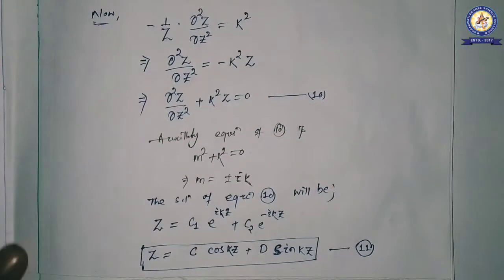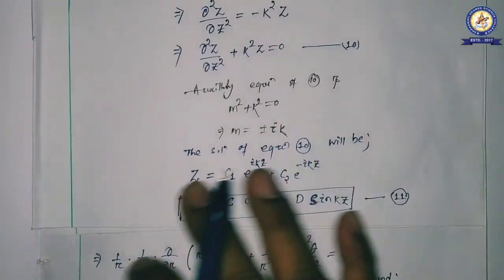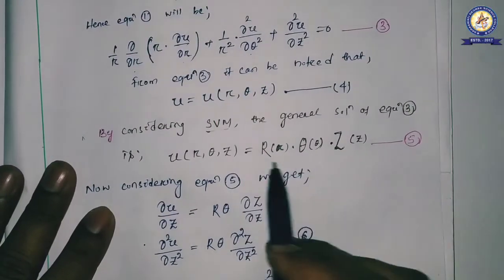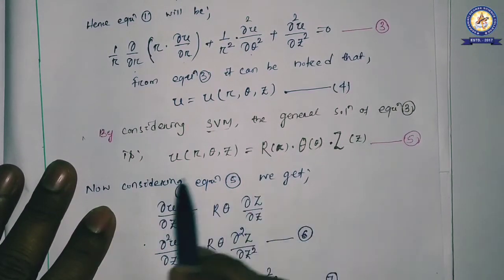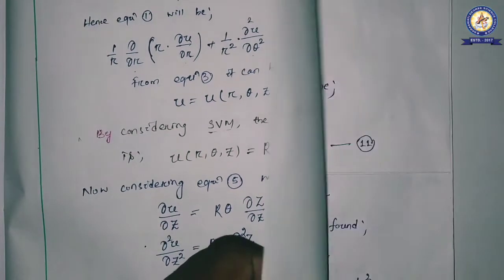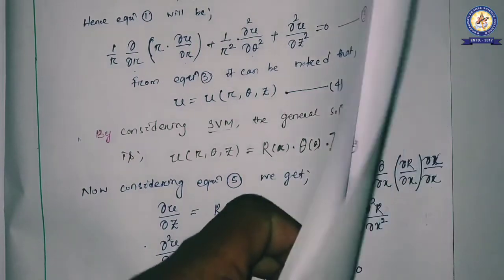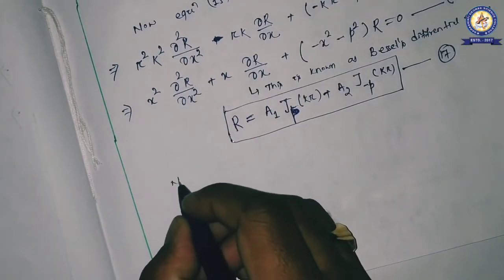Previously we found this solution belongs to theta, and this solution belongs to z. You can see that our general solution is nothing but r, theta and z. So the general solution u written in equation 5 will be, we just have to put the values of r, theta, z that we found.